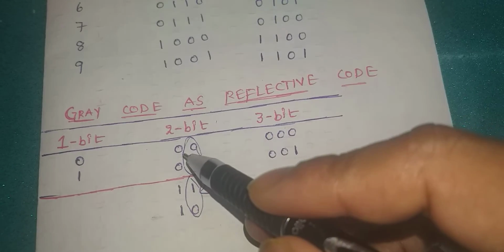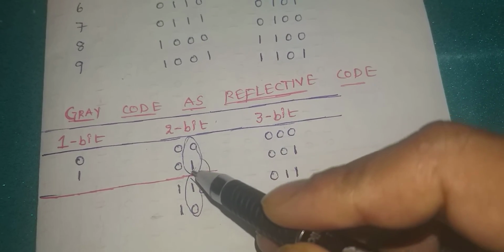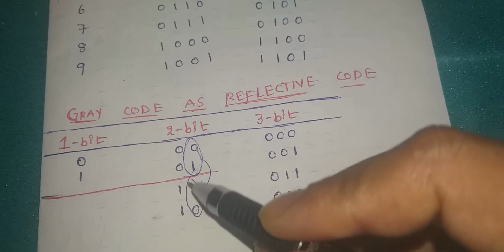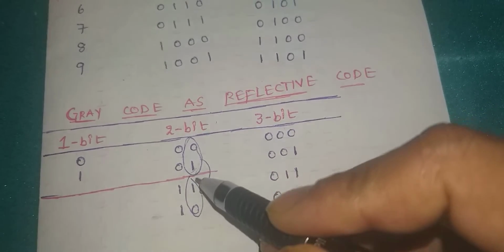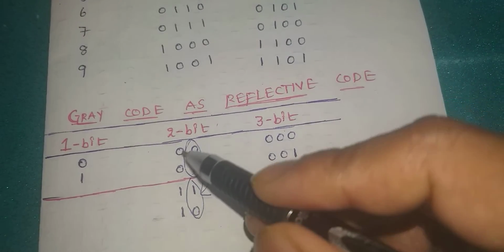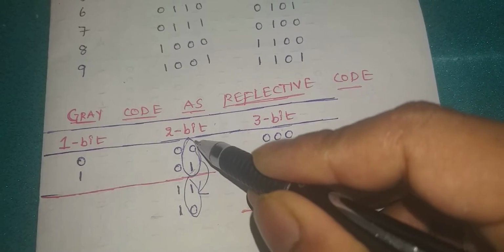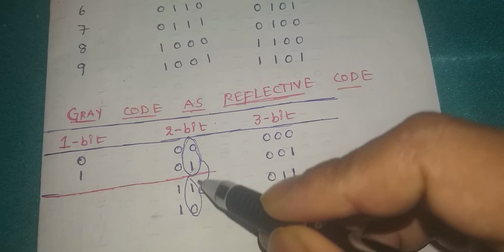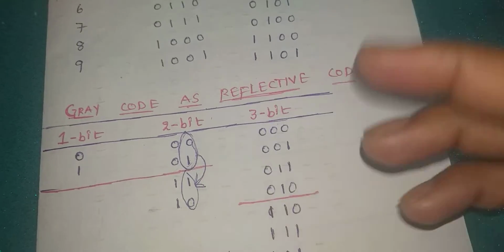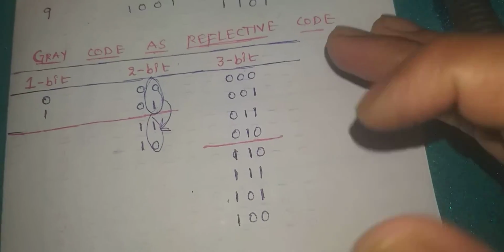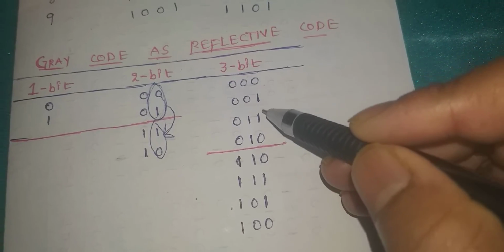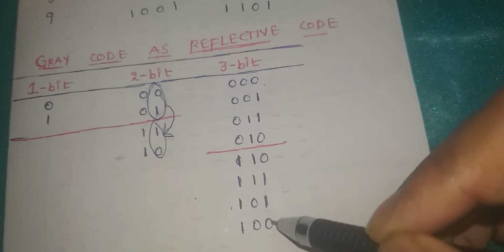For 2 bit we know the combinations are 0 0, 0 1. I am going to write the gray code, don't forget: 0 1 3 2. This is the gray code I have written. If you observe the least significant bit pattern, it is the mirror image: 0 1, then 1 0. Similarly, the 3-bit gray code is 0 1 3 2 6 7 5 4.